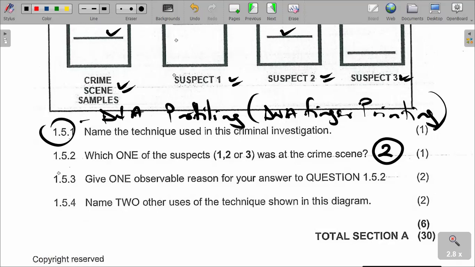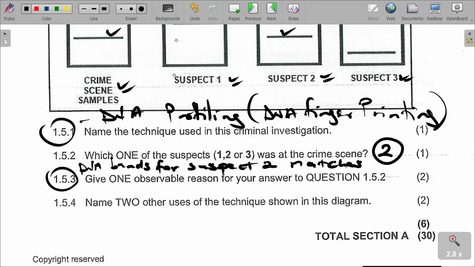Number 3, it is the pattern of the DNA bands for suspect 2. It actually matches the pattern of the DNA from the crime scene.